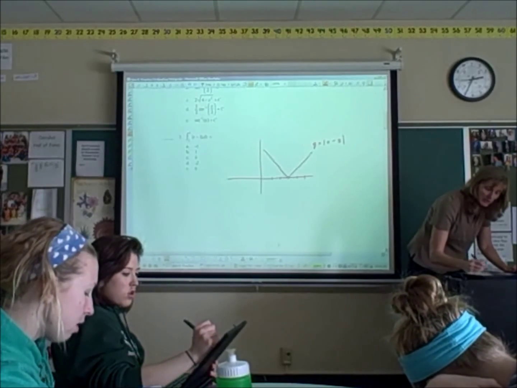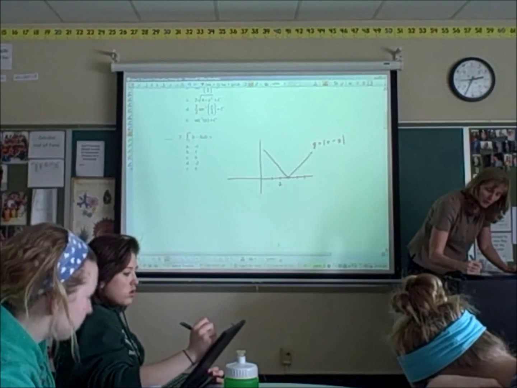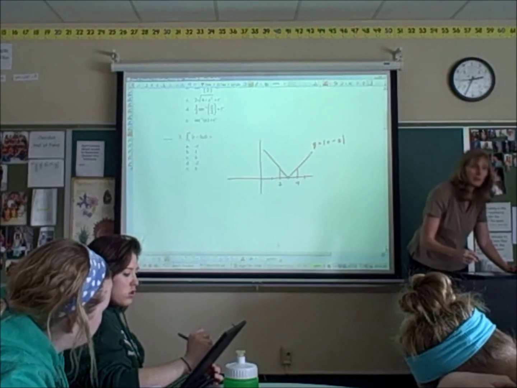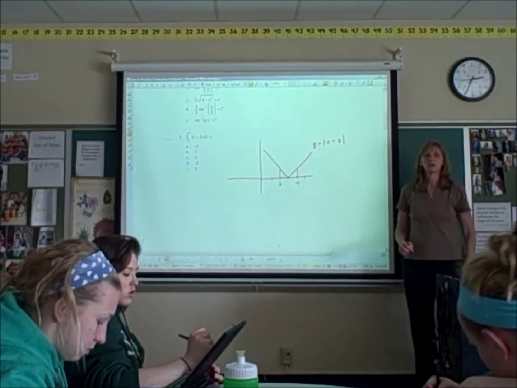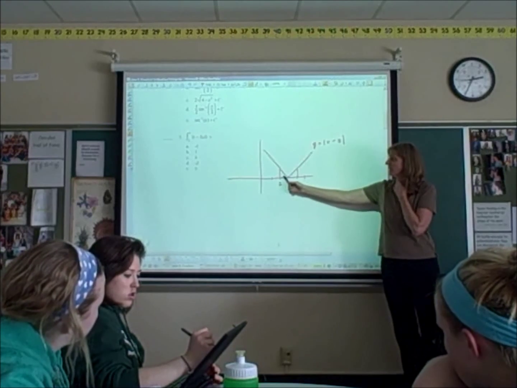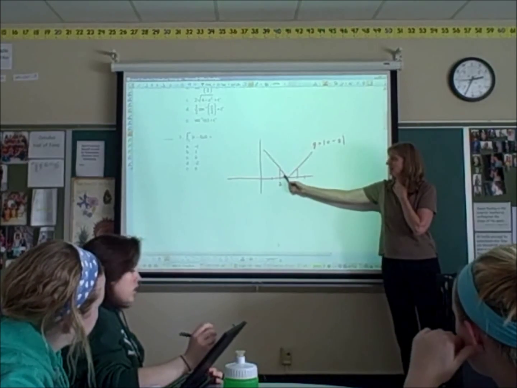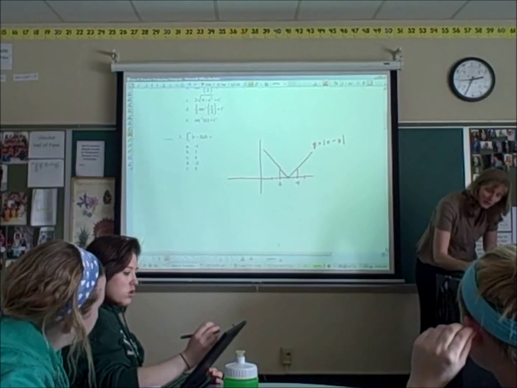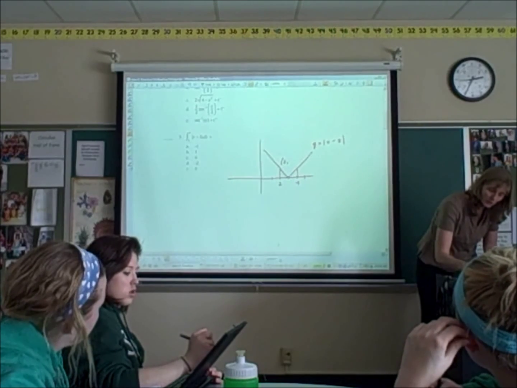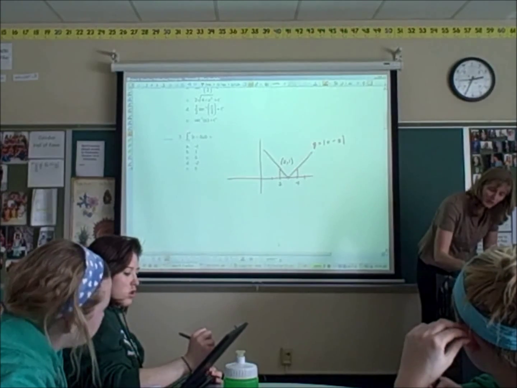Now, we're supposed to integrate this from 2 to 4. Oh, this makes it much easier, doesn't it? Because this is geometric, so it looks like I could just find this and double it. Could you tell me what this point would be here? 2, 1. So this has a height of 1, a base of 1.